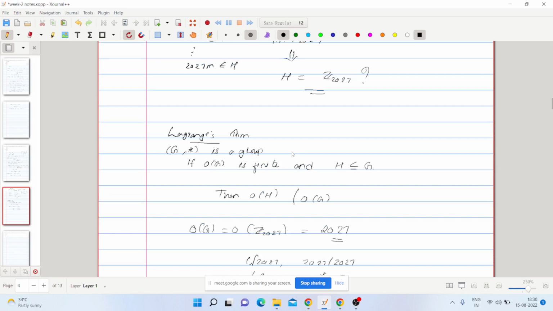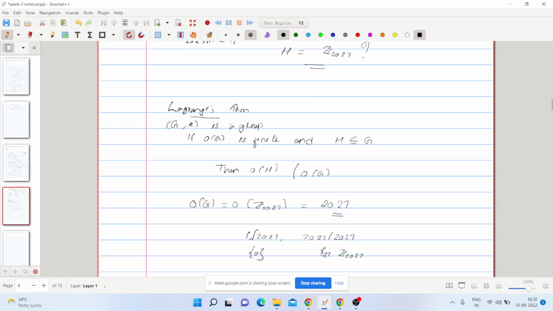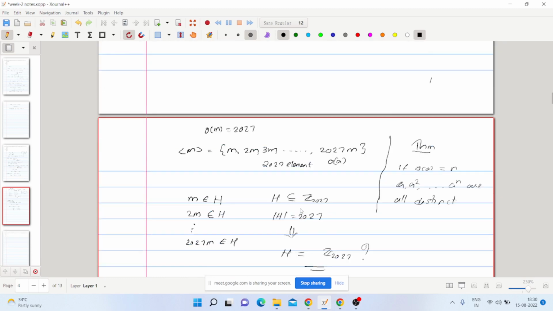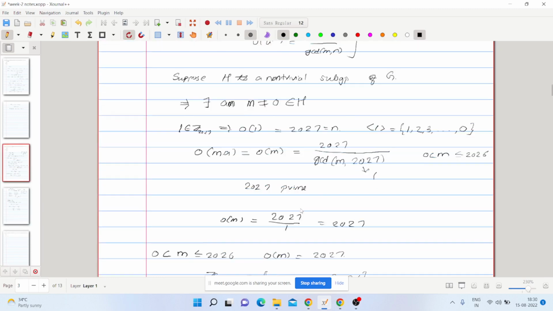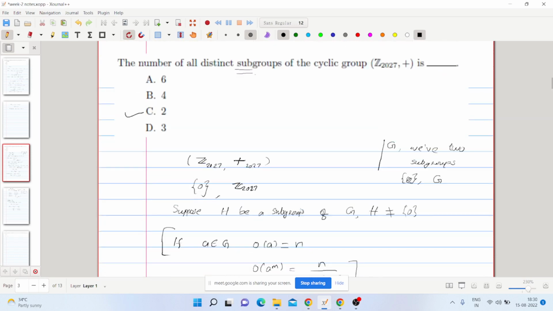But as of now, I think you have not covered Lagrange's theorem. Before going to Lagrange's theorem, you have to see left cosets and right cosets, and you need the proof of Lagrange's theorem also. That is why I am using this method, which is a bit complicated, but it's okay. You can use Lagrange's theorem also, you just need to find the answer.